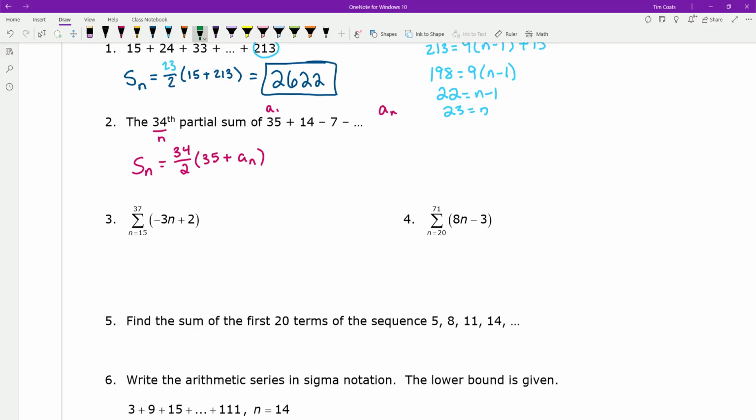So again, back to our explicit form over here, we would say, well, I don't know what this is, but I do know what my difference is. Minus 21, right? So we're minus 21. We need to get to term 34, and we're starting at 35. So you do the calculations there to figure that out, and you get negative 658.